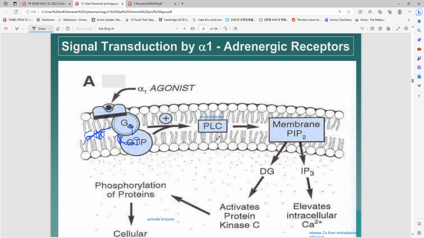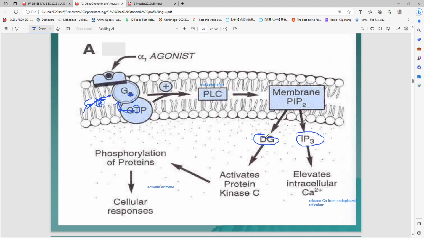What the phospholipase does is it breaks down the PIP2 molecule found in the cell membrane into DAG and IP3. DAG is a molecule that activates the protein kinase, specifically protein kinase C, and the protein kinase C will phosphorylate proteins and initiate a cellular response.